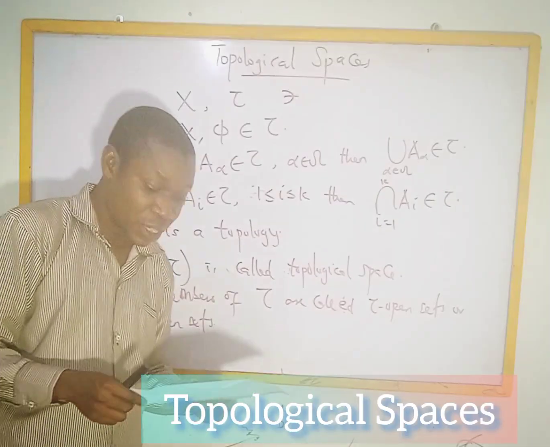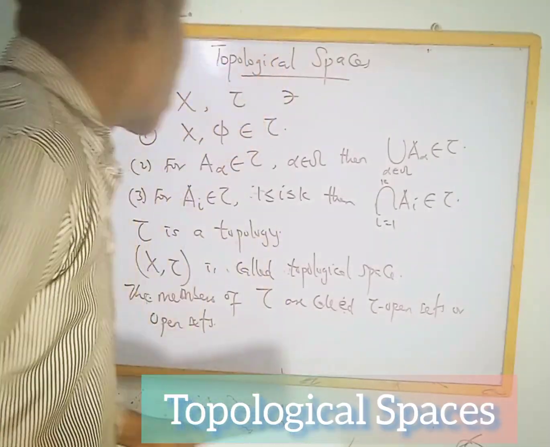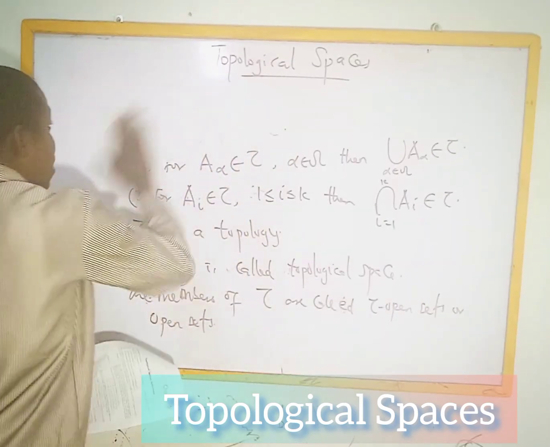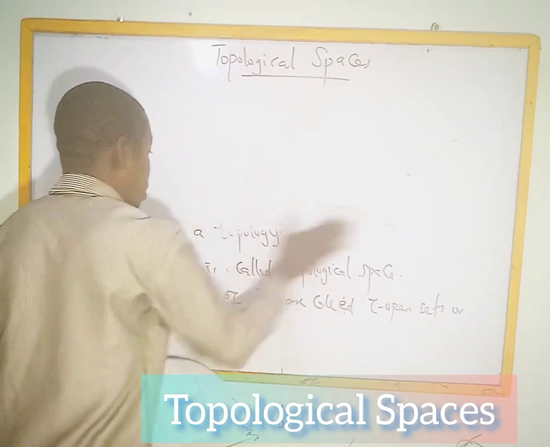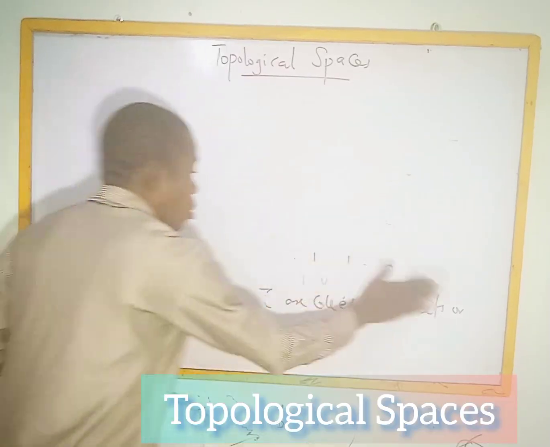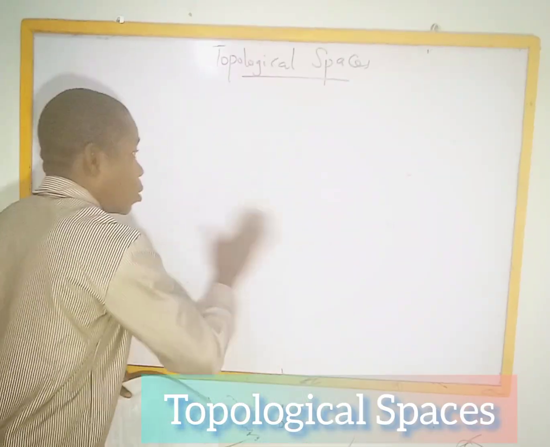So every member of this topology is referred to as a tau-open set, or simply an open set. Now let's look at this example and see whether it actually forms a topology or not.